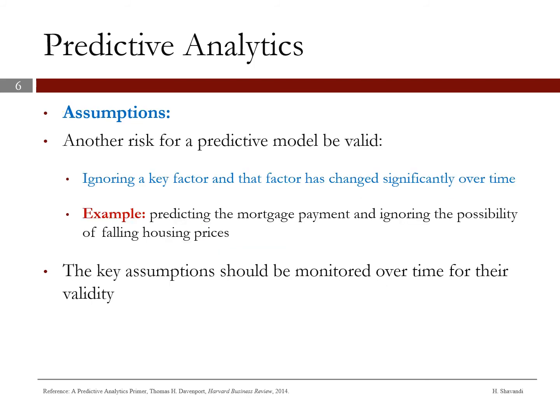Another risk for predictive analytics is ignoring a key factor, and that key factor has changed significantly over time. For example, let's say at the time we are building a predictive model for predicting mortgage payments, housing prices are flat and there is no chance of a significant decline in housing prices.